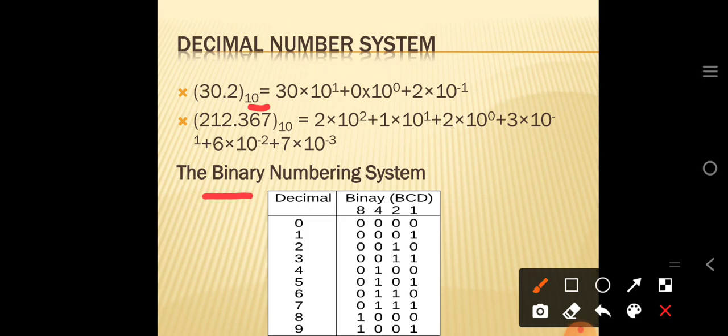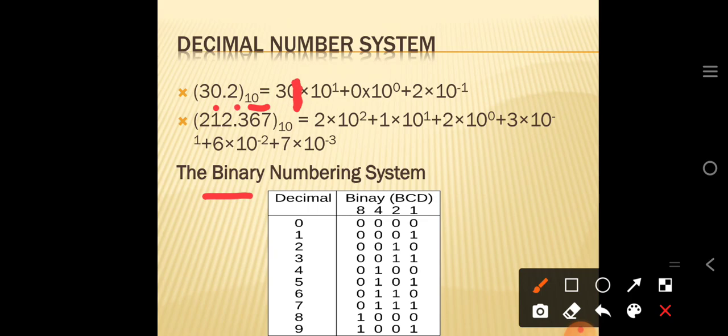Now in this first example of the decimal number system, how can we represent it? First of all, 3 into 10 raised to the power 1, plus the second digit is 0, therefore 0 into 10 raised to the power 0.